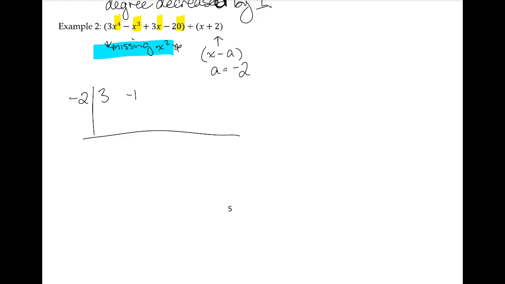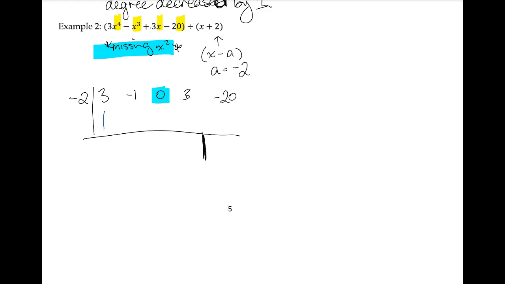My missing x squared means that it's 0. Then we've got +3 for x, and then -20. And that's where my remainder is going to be. So I always like to draw that line in, just to remind myself.